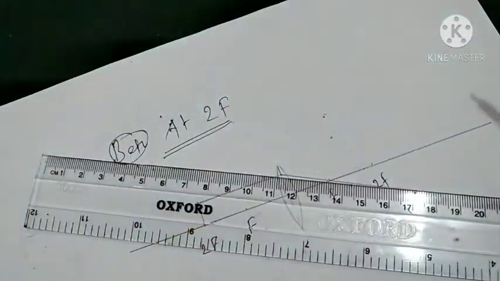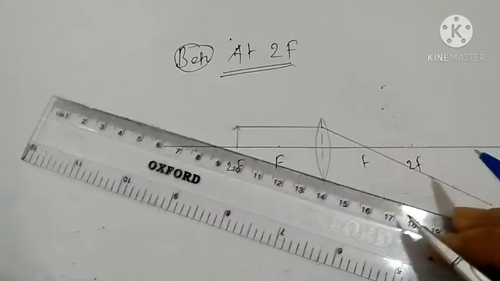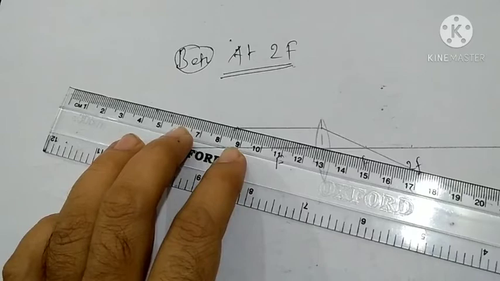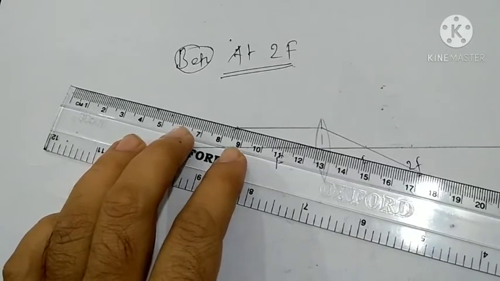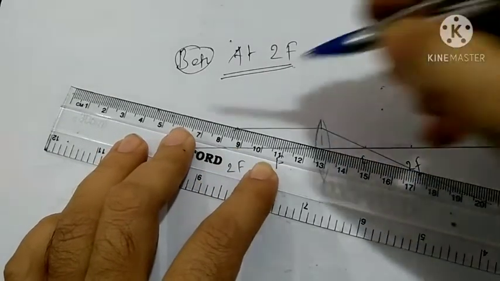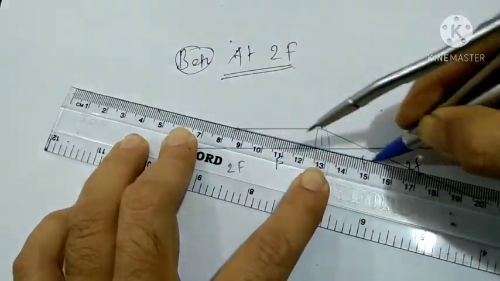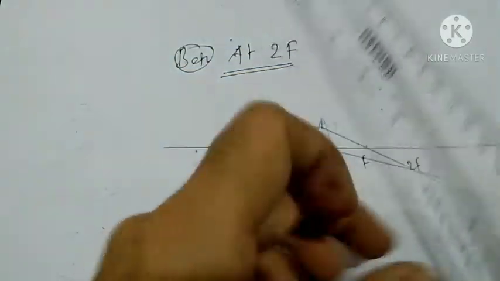Now another ray of light is coming from the top part of the object, and now see here what is happening.